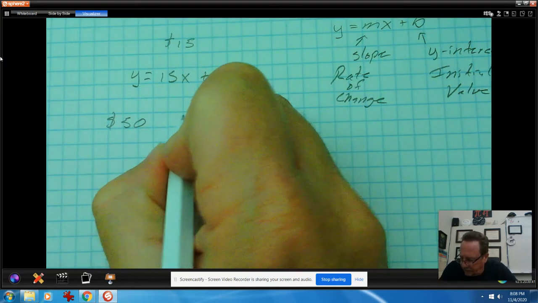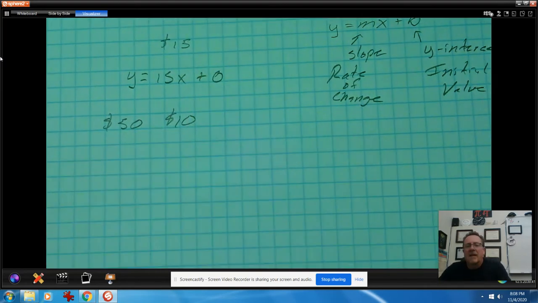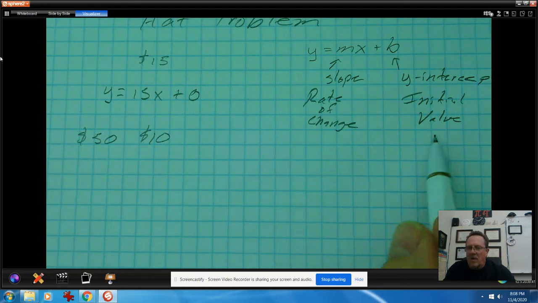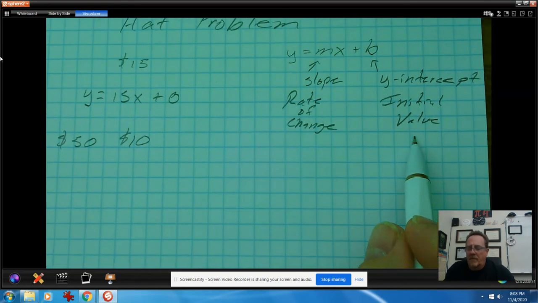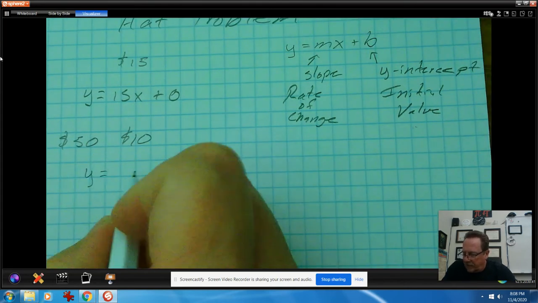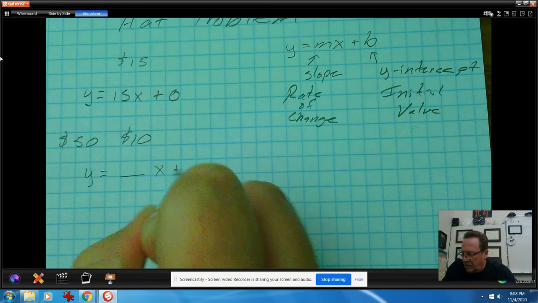Let's stop and think about this in terms of y equals mx plus b. Before we even start, they said there's a $50 setup fee, and so that's really going to be my initial value, my y-intercept, isn't it? So if I was going to write an equation for this one, I can say y is equal to blank x plus blank.